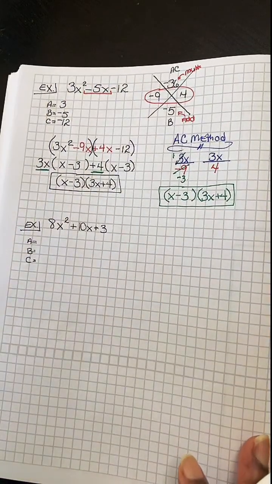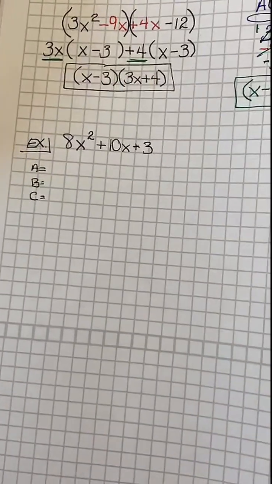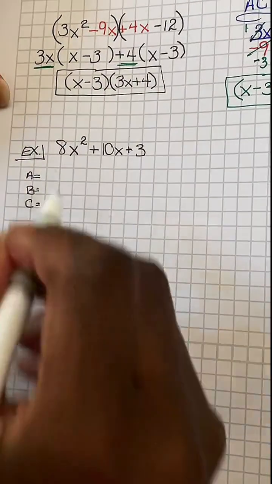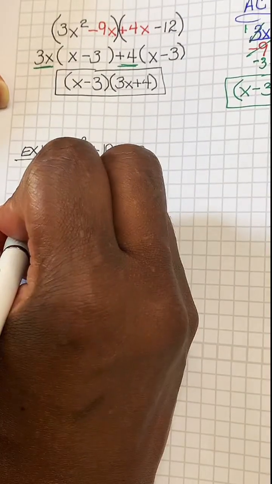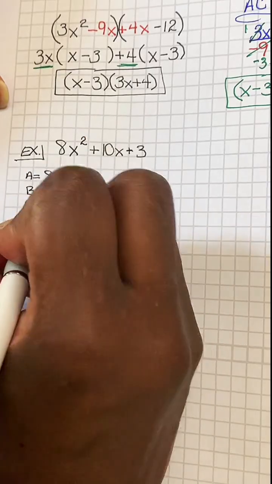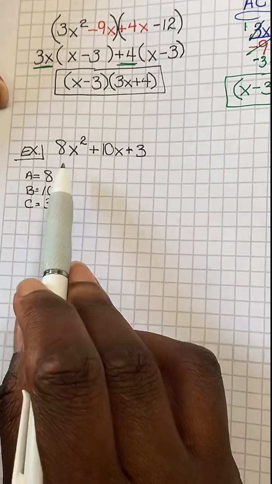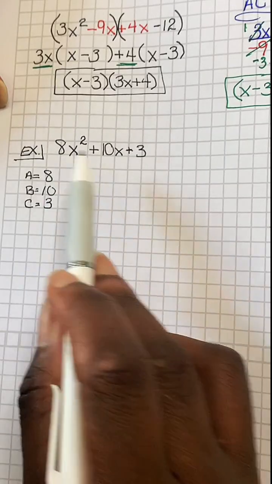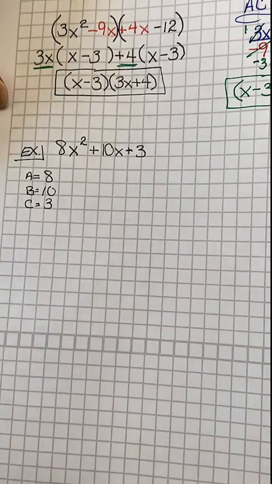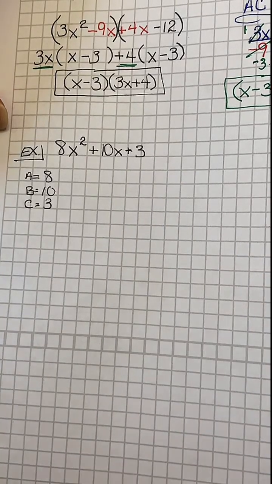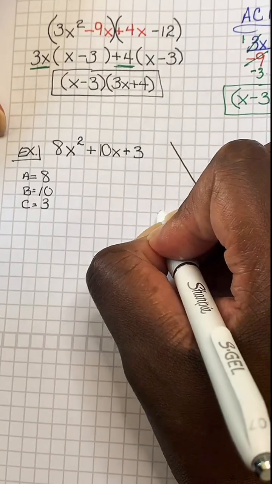So let me zoom. We're going to the second one. My A is 8, my B is 10, and my C is 3. The A is always the coefficient of x squared, the B is the coefficient of the x, and the C is the 3. Now we're going into our cross.